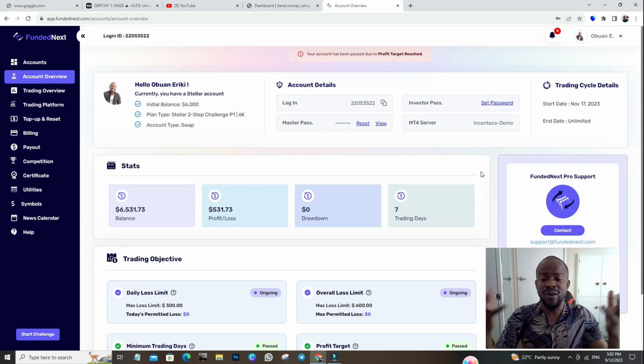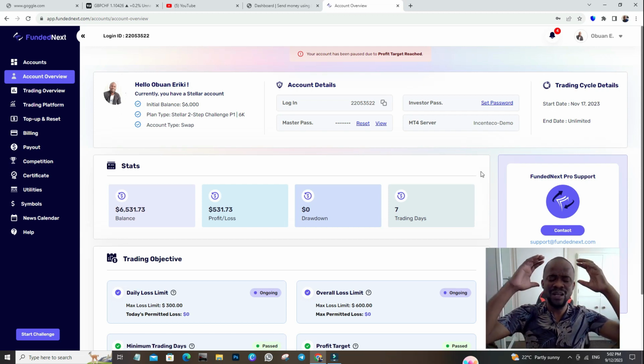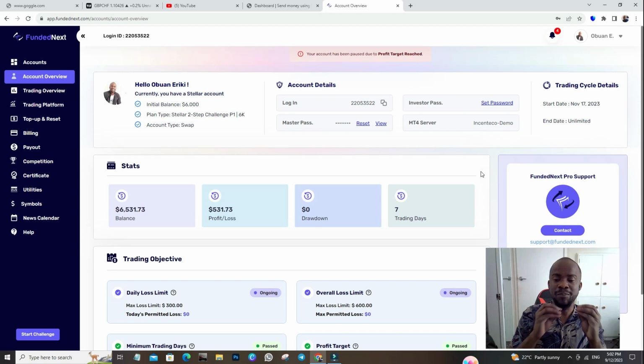There are a lot of people who can trade. It's not really about knowing how to trade, but can you make profit? Can you understand a particular model and apply that model into real life trading and see how profitable you have been?